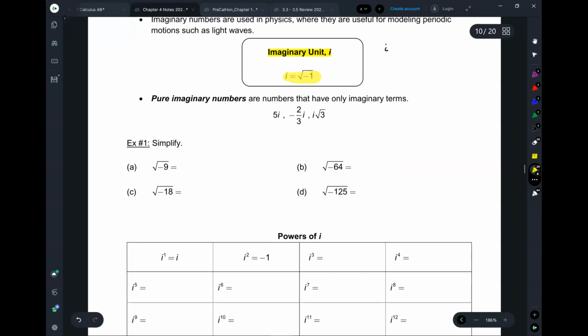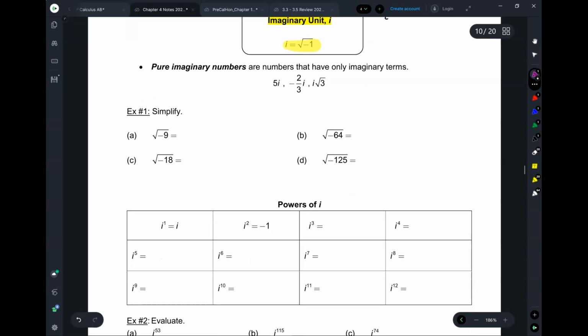Until now, we knew that we could have the square root of 9, and that would be what? 3. But we always said, oh, you can't have the square root of a negative number, right? But you can. Okay? So the square root of -9, and you don't have to do this every single time. I'm just going to do it this one time to show you. The square root of -9 is actually -1 times 9, correct?